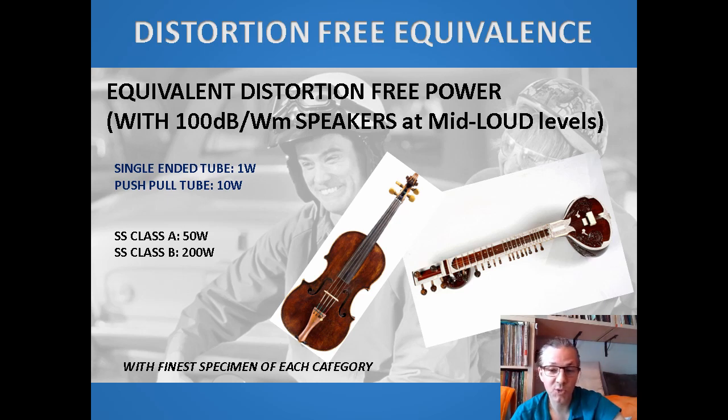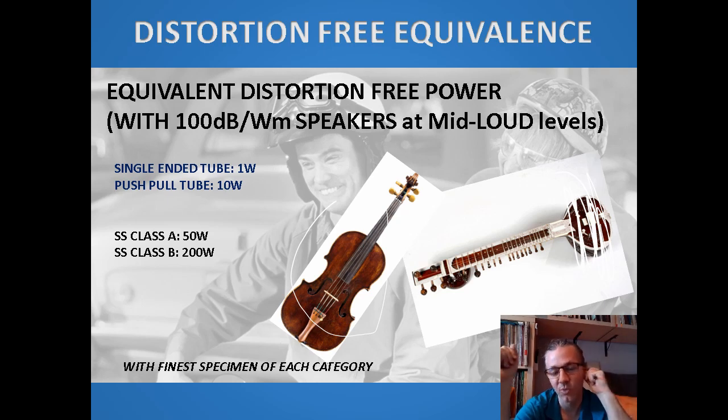When you are listening to music at, let's say, a 50 dB average output level, which is like a soft speaking level, quiet music listening, and you listen to a violin or a sitar at 50 dB, then these instruments will have an extra 40-50 dB of transients riding in that music.